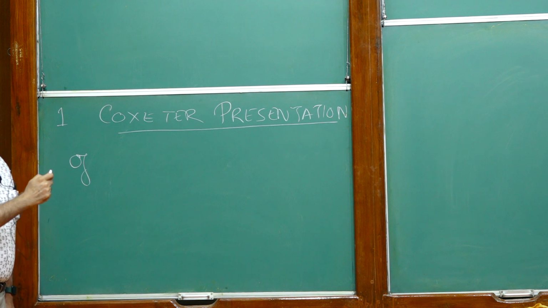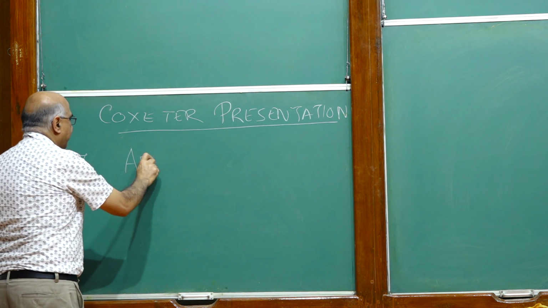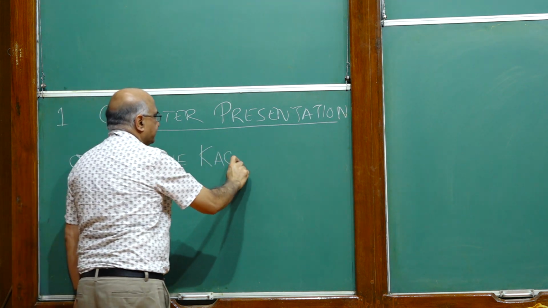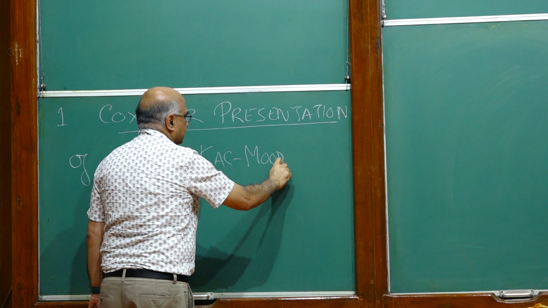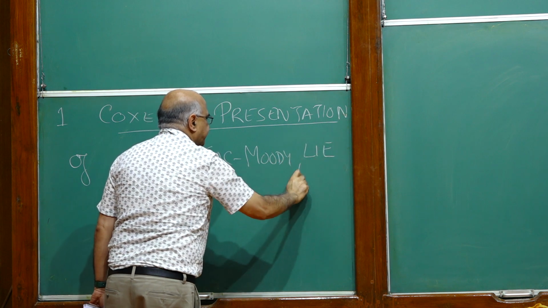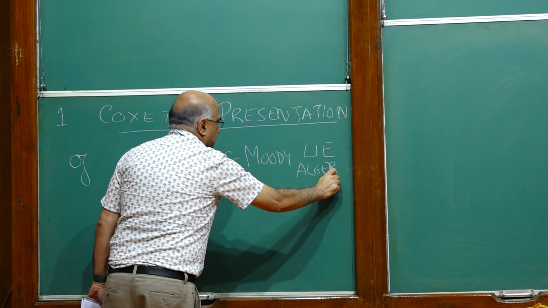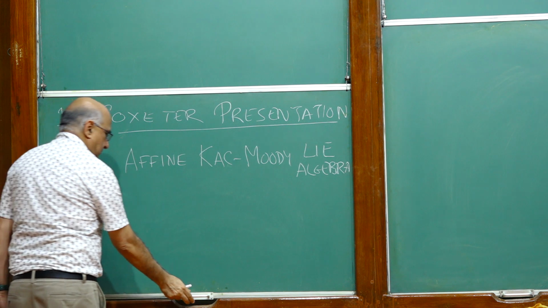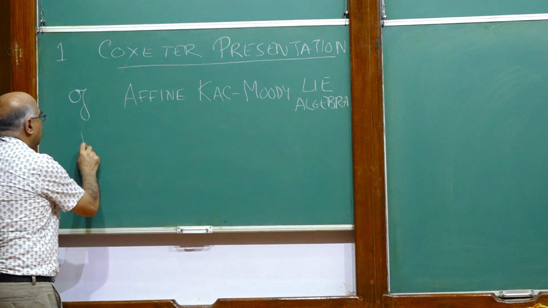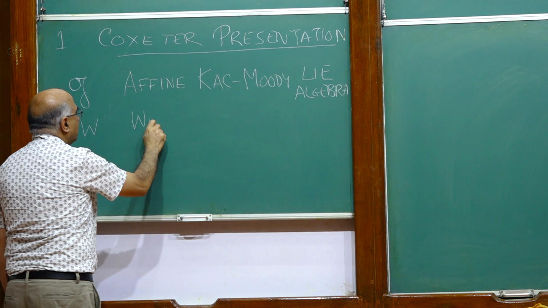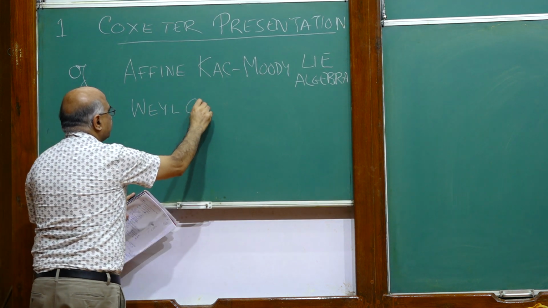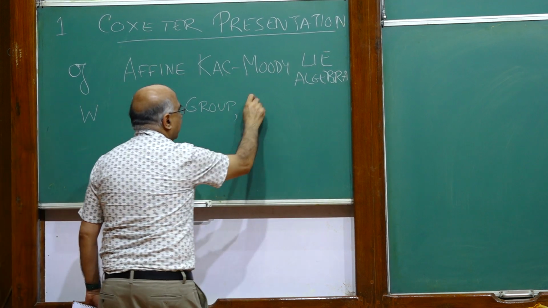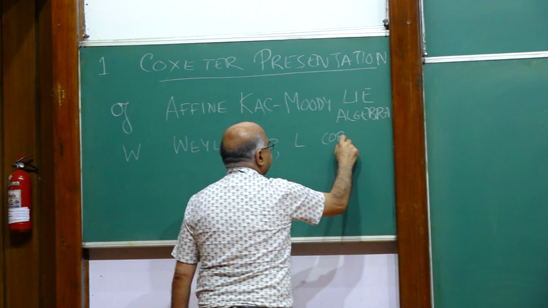So let G be an affine Kac-Moody Lie algebra. Let W be the Weil group, and let L be the co-root lattice.